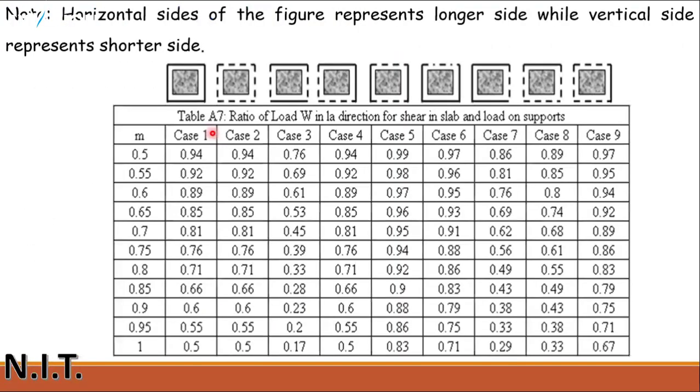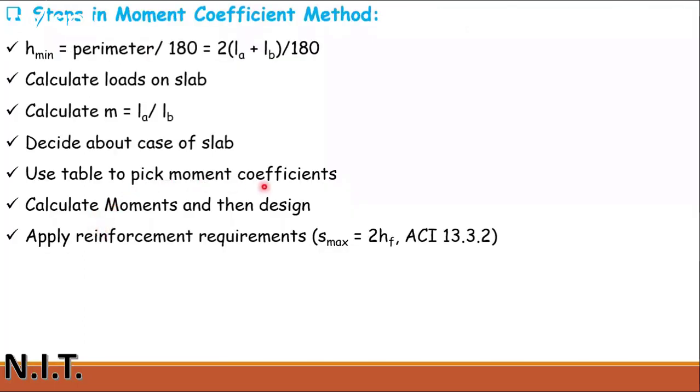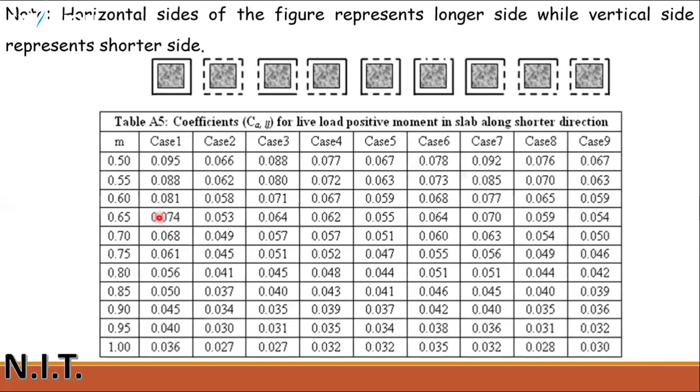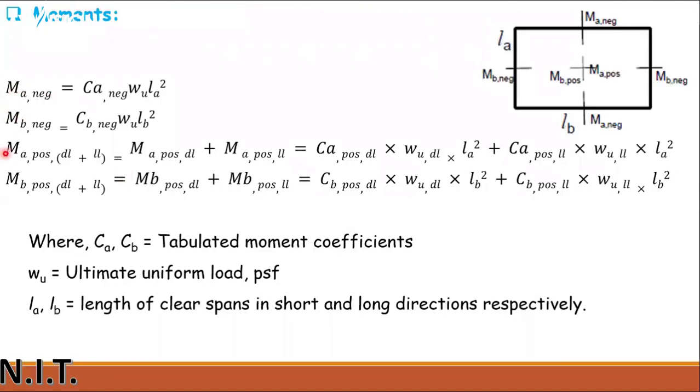When you have picked these moment coefficients, you then calculate the moments and design. We already calculated the moment values in yesterday's class using these 4 formulas: MA negative, MB negative, MA positive dead load plus live load, and MB positive dead load plus live load.